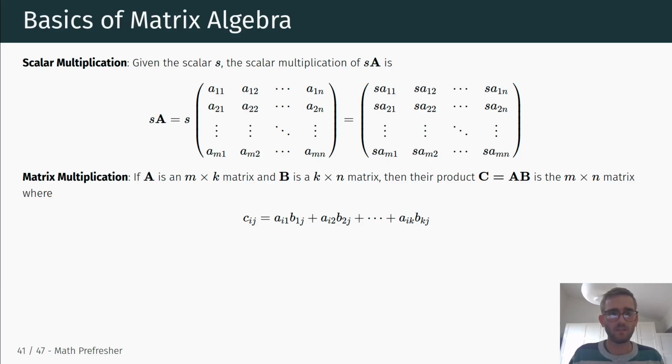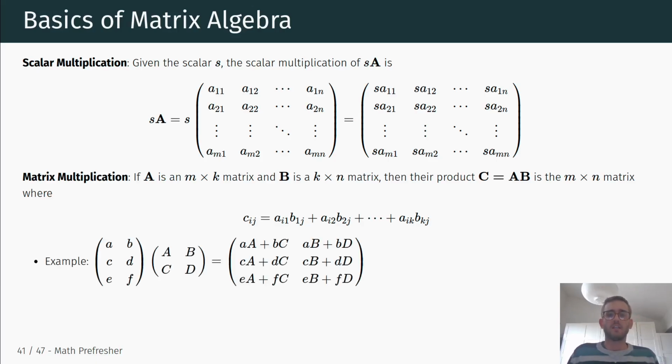Basically we keep the row in A constant, and we go through the first, second, and so on columns of A, and in our B matrix we keep the column constant at j, and we go through the first, second, third, and so on rows in our B matrix.